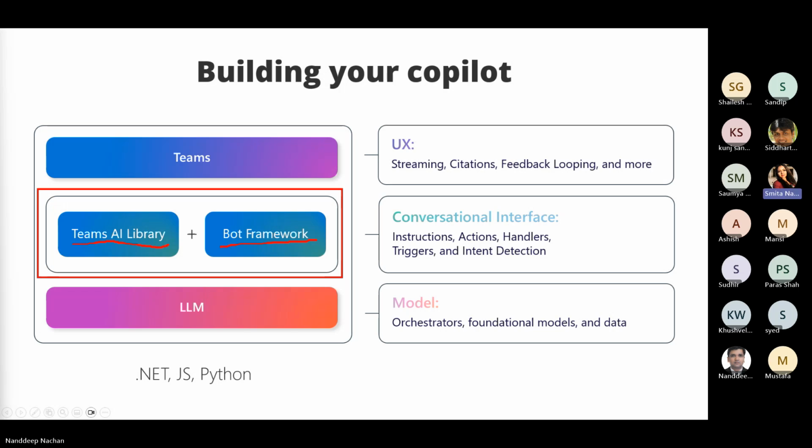When it comes to the combined functions, together the Teams AI library and the bot framework support the development of the Copilot's conversational abilities, providing the infrastructure to manage the user interactions, capture the intent, and handle the complex responses as well.